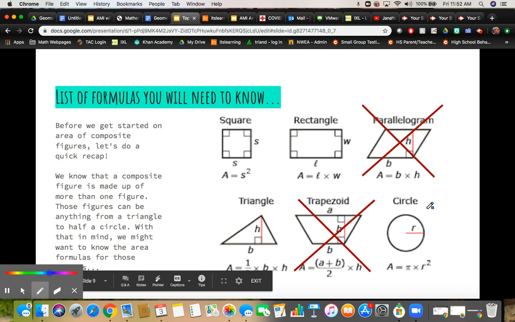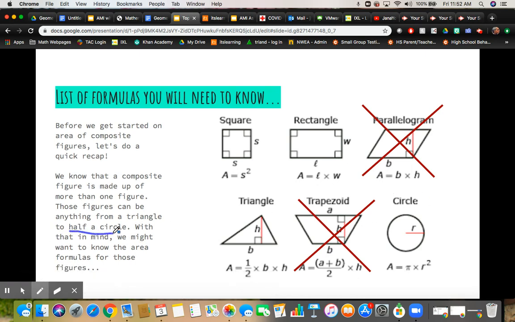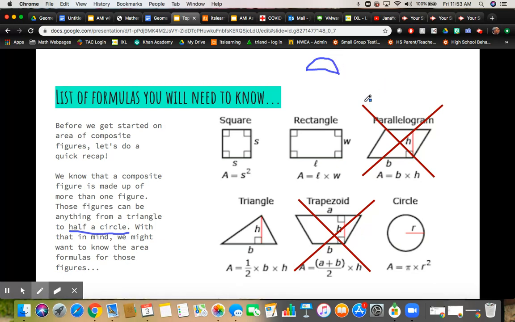And then the circle. Well, I said over here that we have anything from a half circle in our figures, but I know that we don't have a formula written for it on here, so I'm just going to write a formula. So a half circle, pretend this is a half circle, y'all. Doesn't really look like one, but it's pretty anyway.